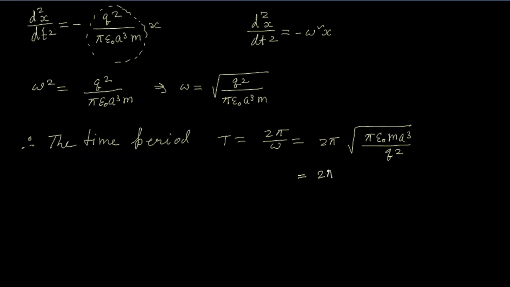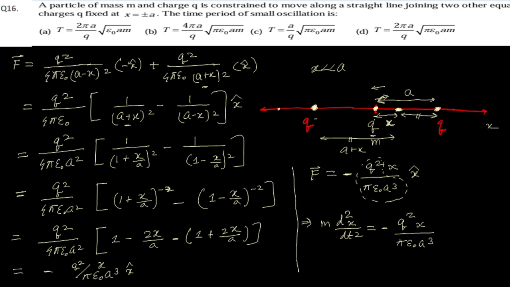So we'll get 2 pi a divided by q into the square root of pi epsilon naught m into a. So this will be our correct answer. The correct option will be option D.